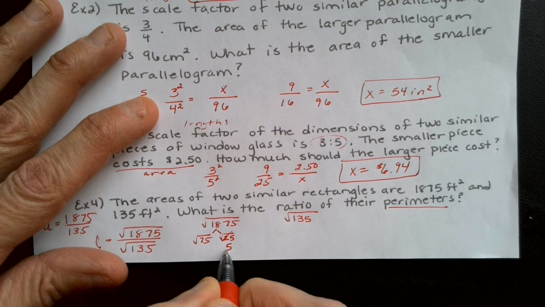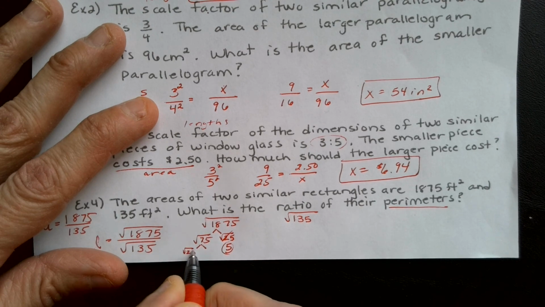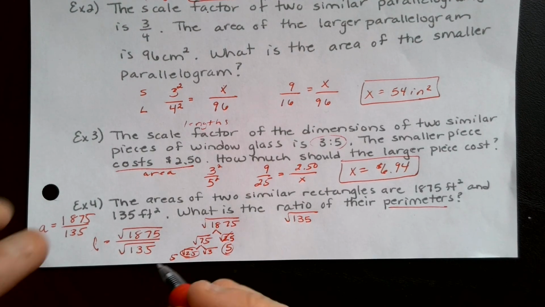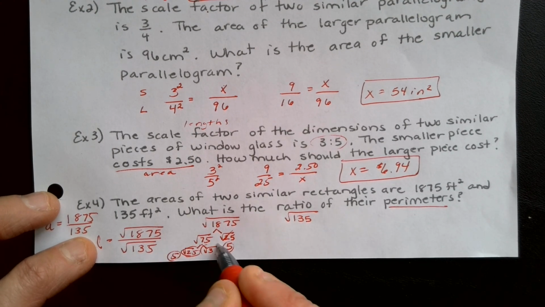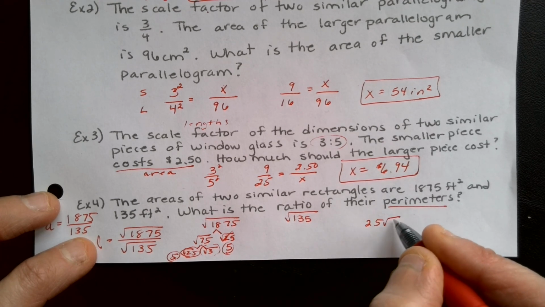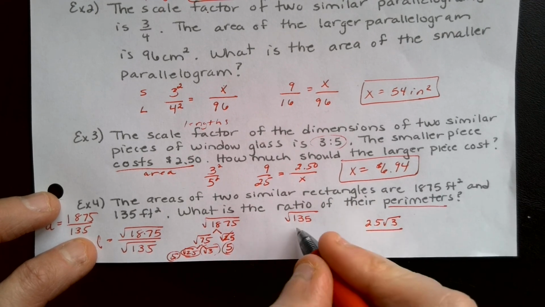Square root of that is 5. This goes down again, square root of 25, square root of 3. It's 5. So 5 times 5 times square root of 3 is 25 square root of 3 on the top. That's for this one. Now I've got to do the bottom.